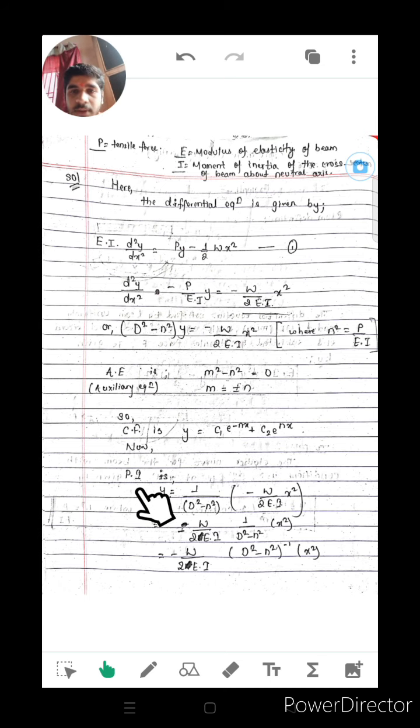Now for the particular integral, y equals 1 by D square minus n square times the right side value, minus w by 2 E I x square.